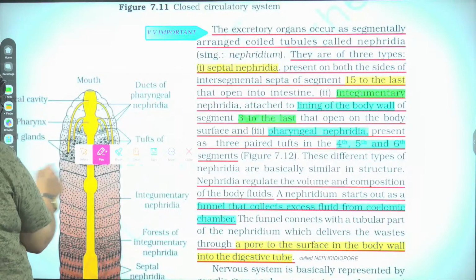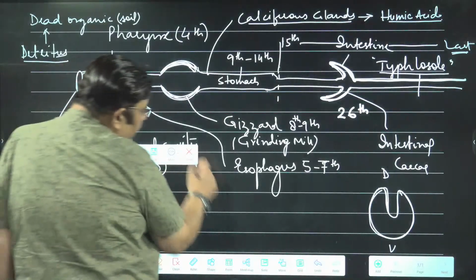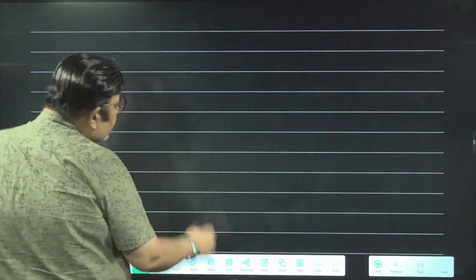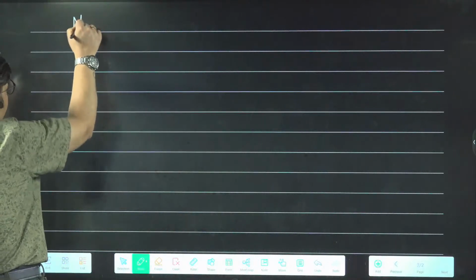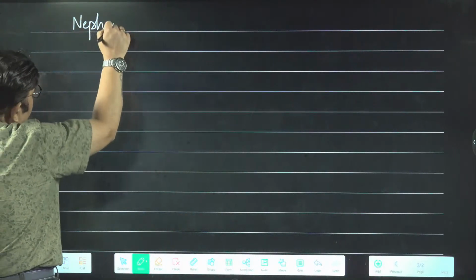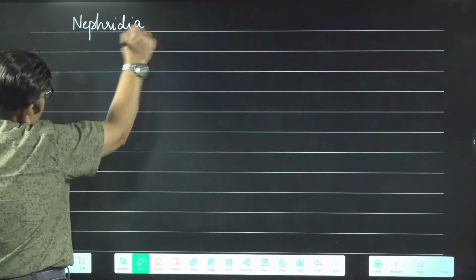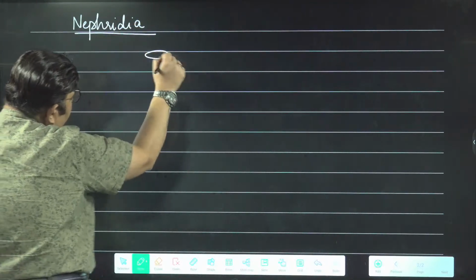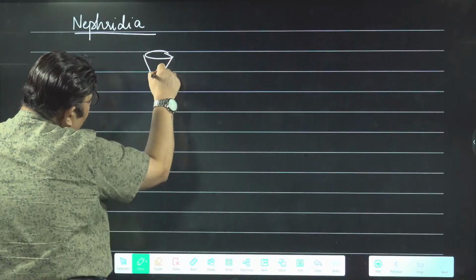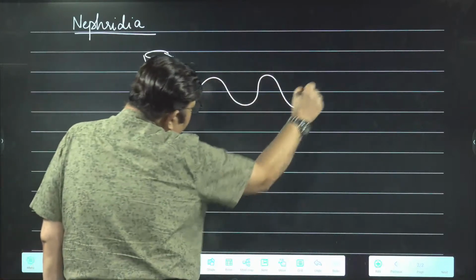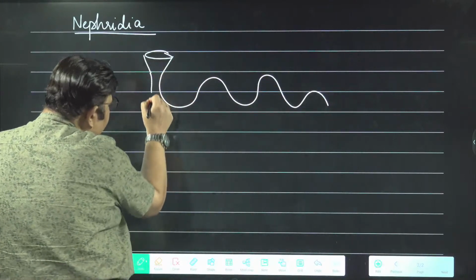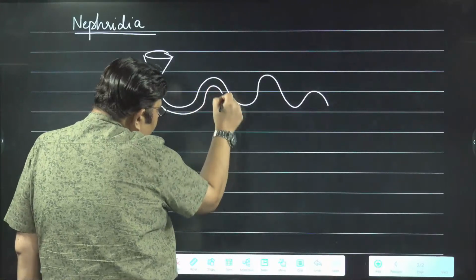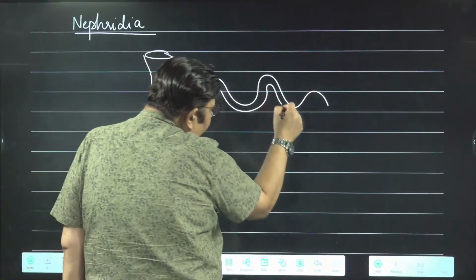My dear children, let me take you to these nephridia. Let us begin. What is a nephridium? A nephridium is a coiled tubular structure, and this helps in excretion. This is how the structure of a nephridium is.